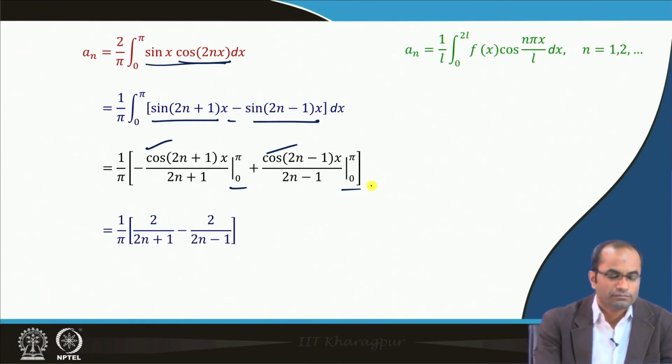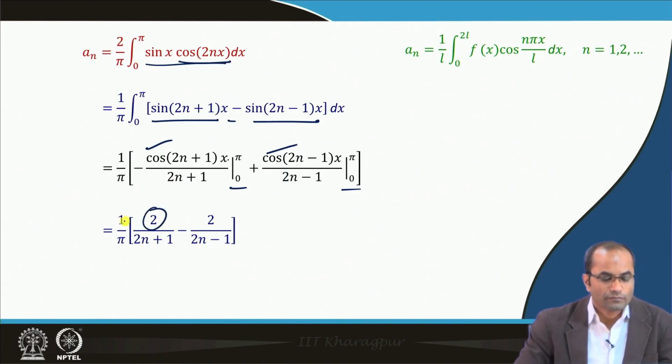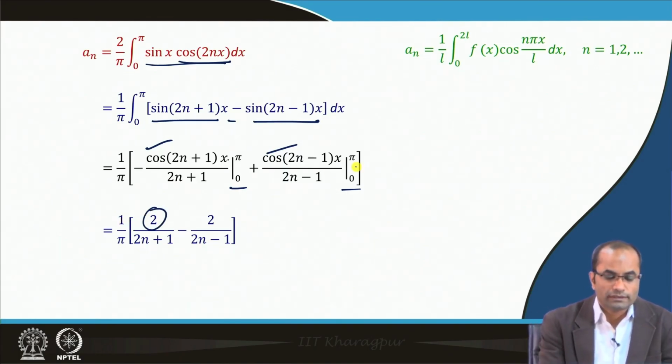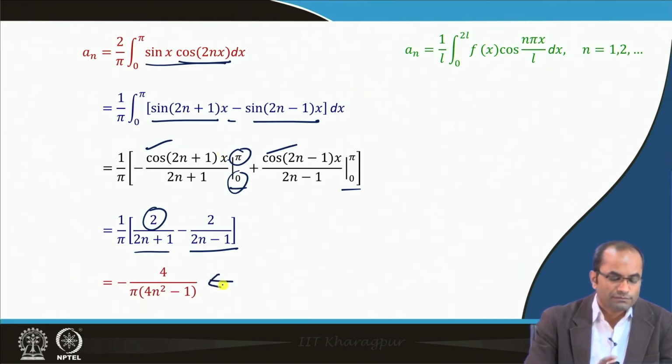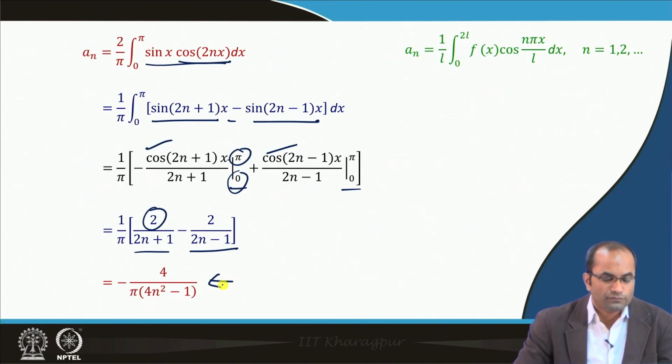Substituting pi, we have 2 n plus 1 and cos 2 n plus 1, which is going to be 1, and when we substitute 0, again 1. After simplification we get minus 4 over pi times (4 n square minus 1).